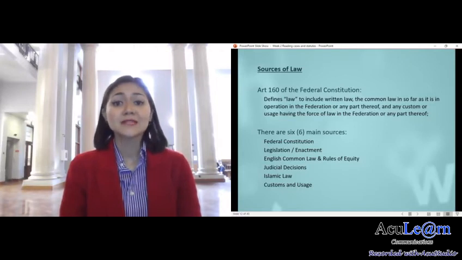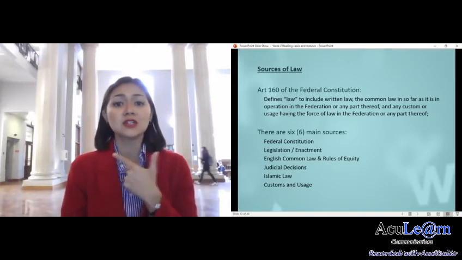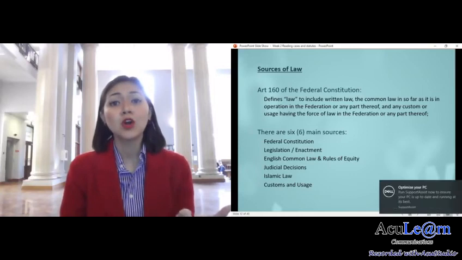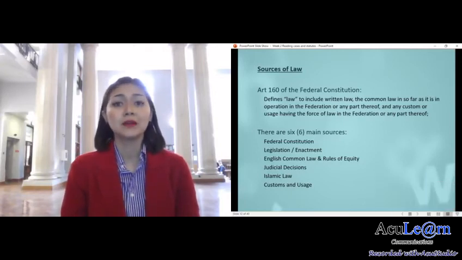There are 6 main sources of law that students can consider in giving advice to clients, namely the Federal Constitution, legislation, enactment, English common law and equity, judicial decisions, custom law, and Islamic law. So these are the main sources of law.